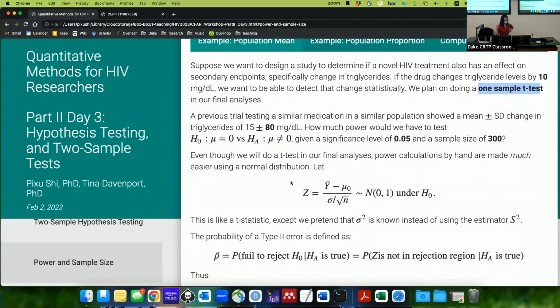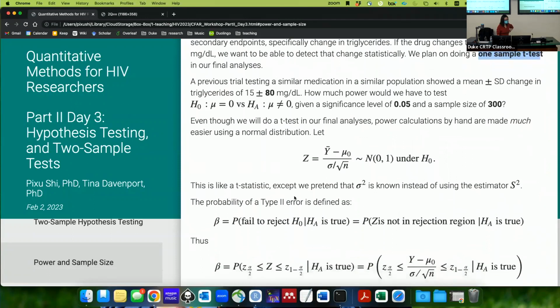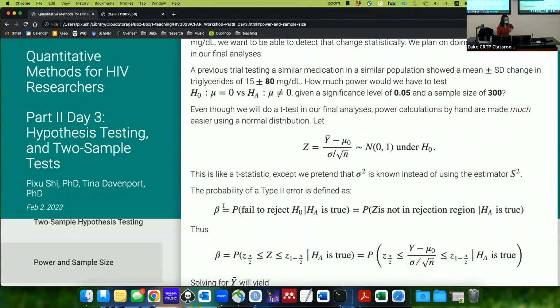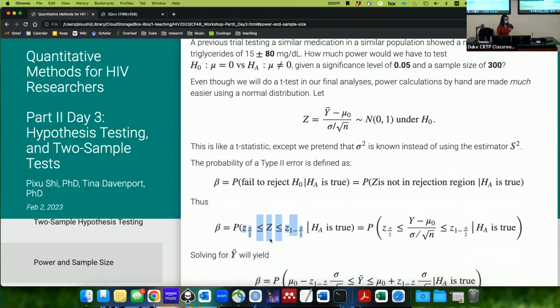The power calculation is actually related to the test that we use, because you can calculate the probability of type 2 error based on the test statistic we use. This is the event when we do not reject the null hypothesis.